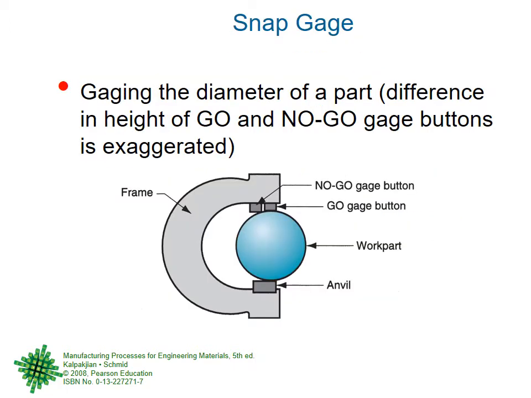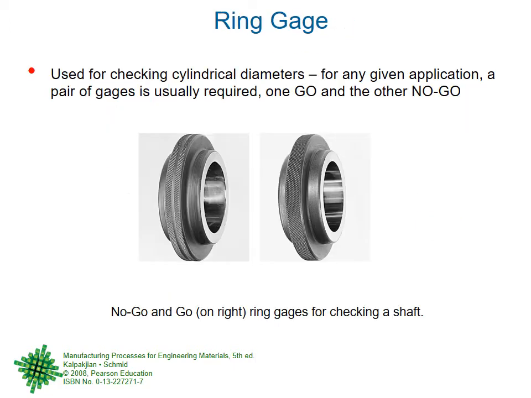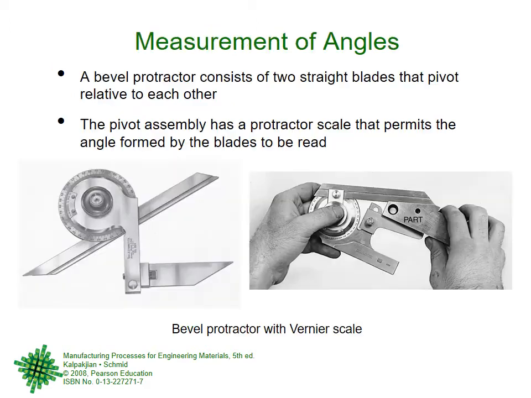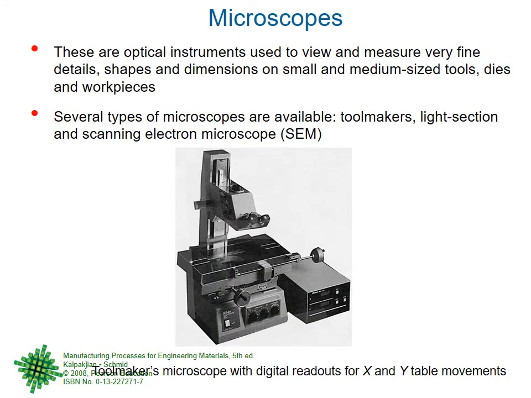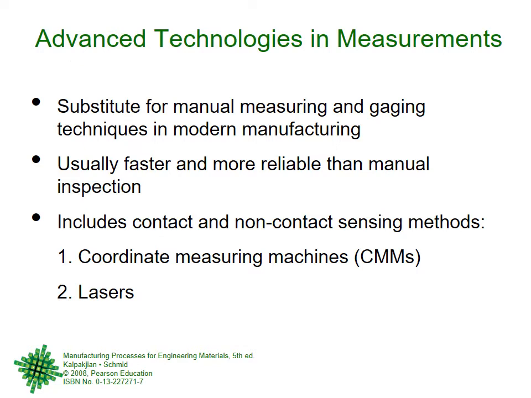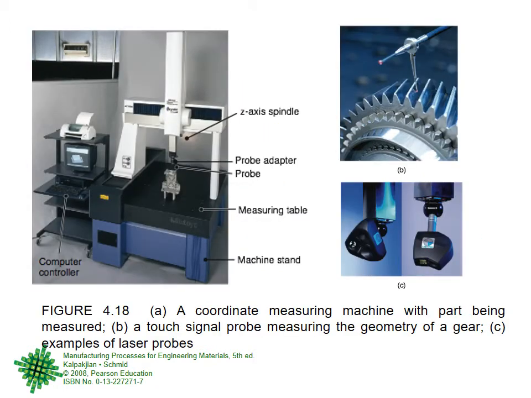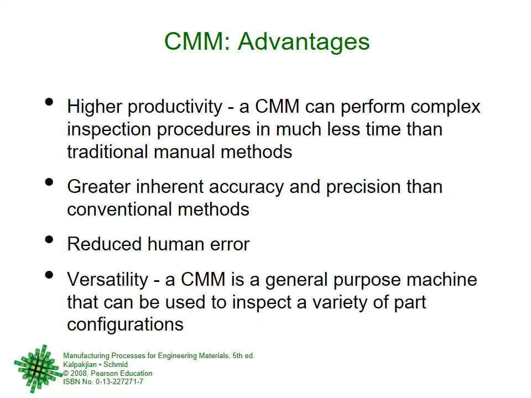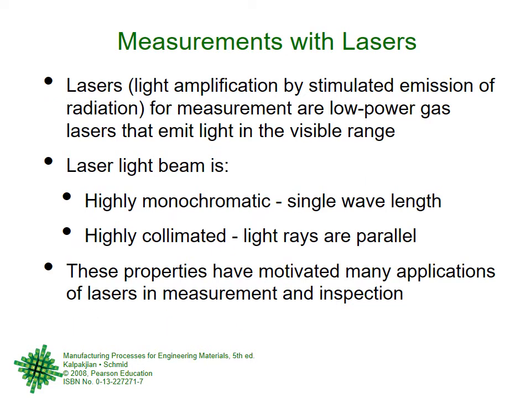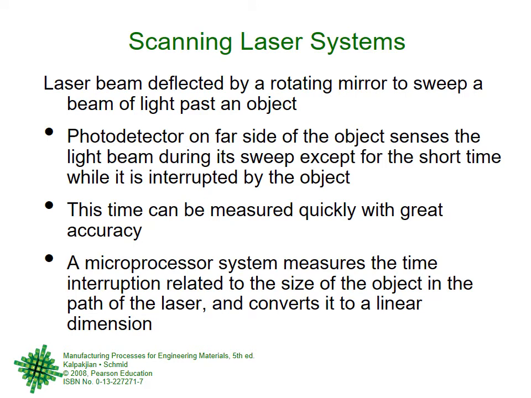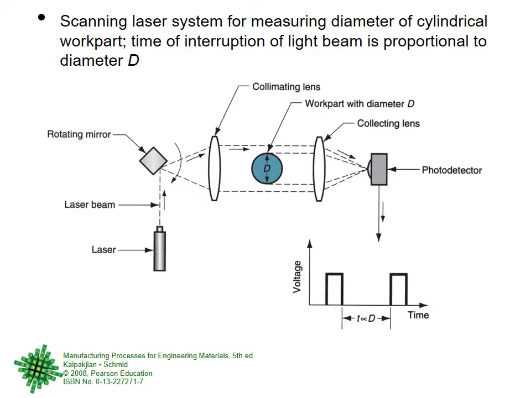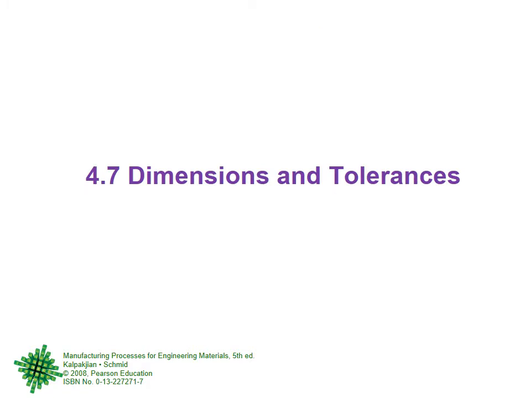Measurement of angles through protractor, bevel protractor, microscopes, especially toolmaker's microscope, and advanced technologies, where the first is coordinate measuring machine, CMM, different versions of 3D, 2D, gear measurement, advantages of measurements with lasers, light beam with laser, scanning lasers, a general diagram of how laser measurement works. So that was that topic.